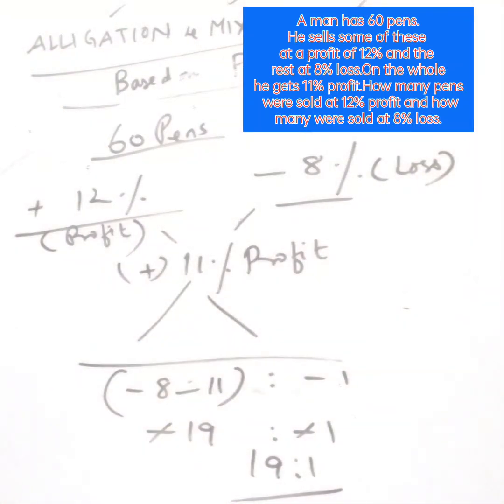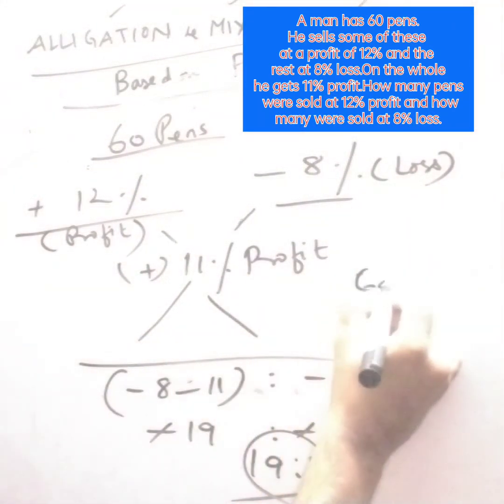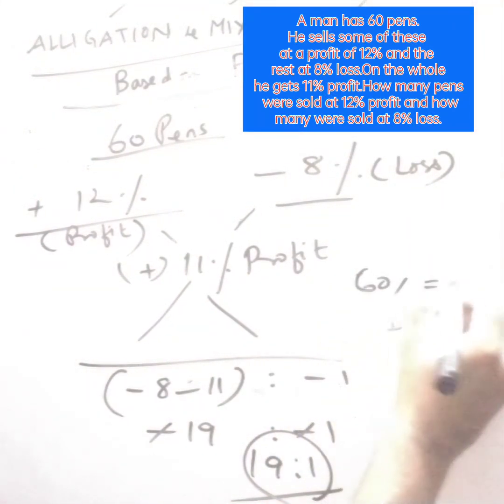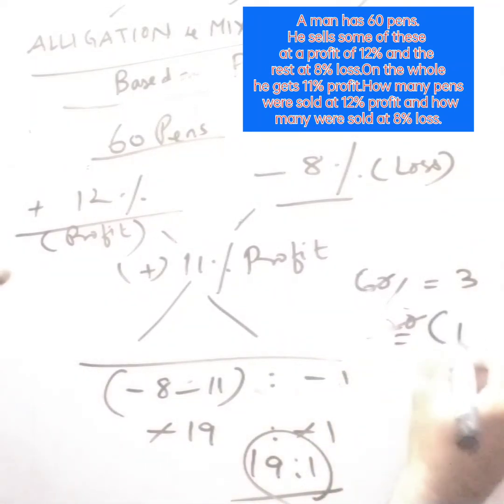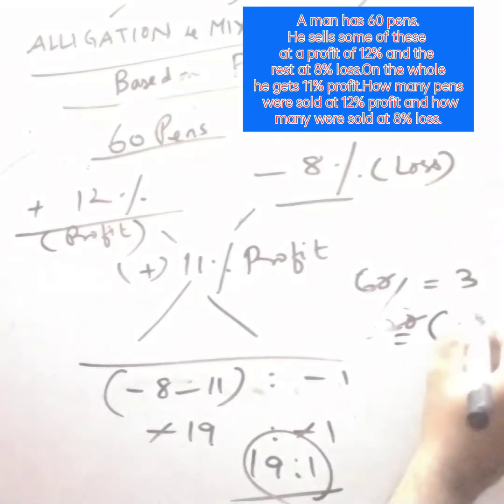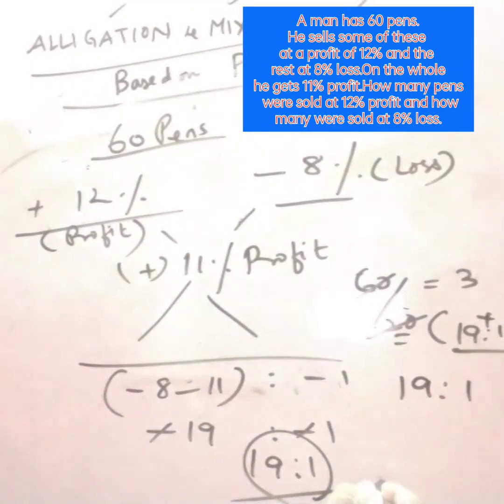So how many pence is he selling at 12% profit? So in total the ratio is 19 plus 1, 20. So 60 by 20 means 3. So what is this 20? 19 and 1 together. So now 19 is to 1 is the ratio.